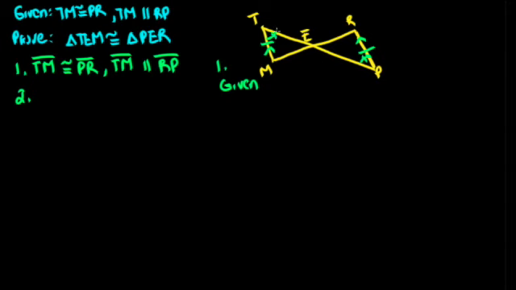We can say this because if lines are parallel, then alternate interior angles will be congruent. We know that these two angles are alternate interior angles because if you look at TP being the transversal, then you can clearly see that these two angles are alternate interior angles. Let's go ahead and write that down in our proof.